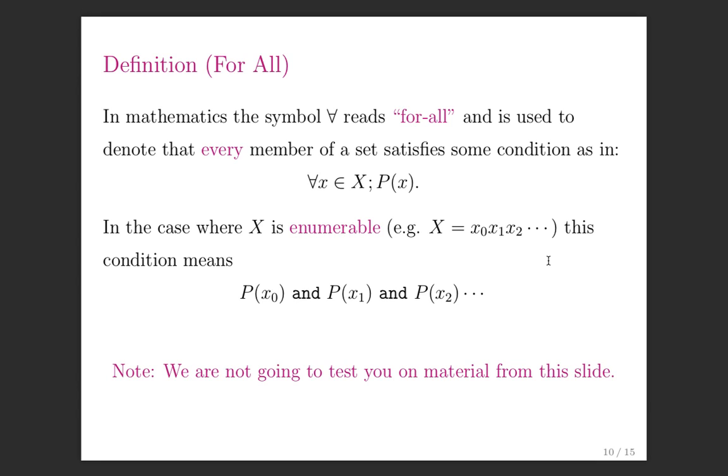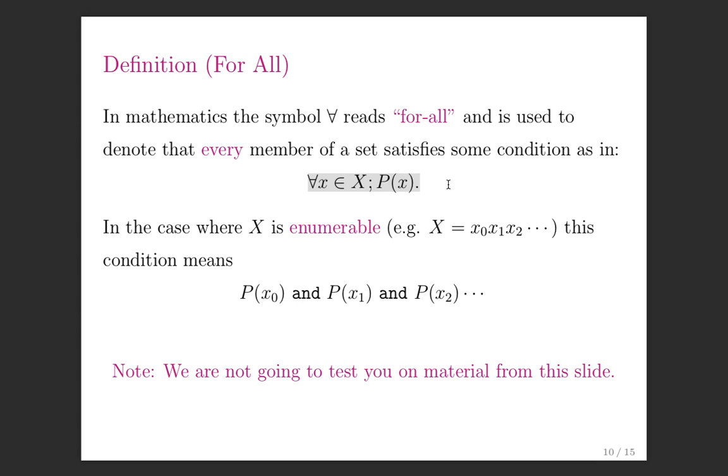In mathematics, we have this upside down A, and it is a short form for writing the phrase for all, for every. It's used to denote that every member of a set satisfies some condition. So this statement reads, for every x in the set X, the predicate Px is satisfied. That is to say Px is true.